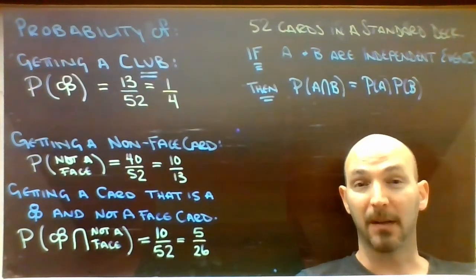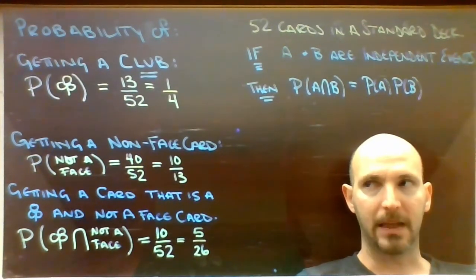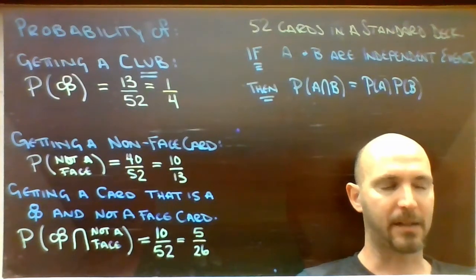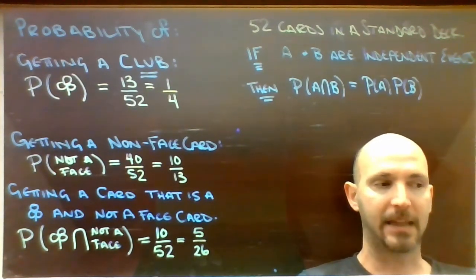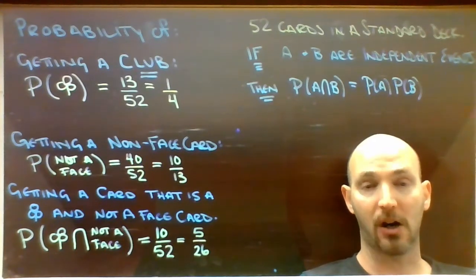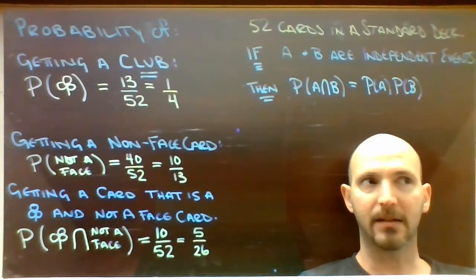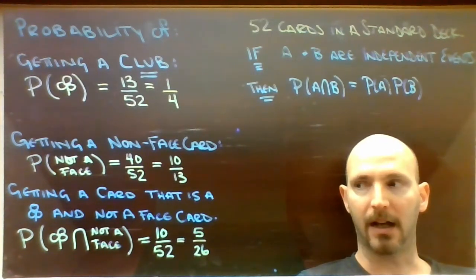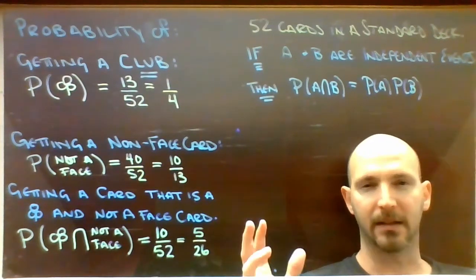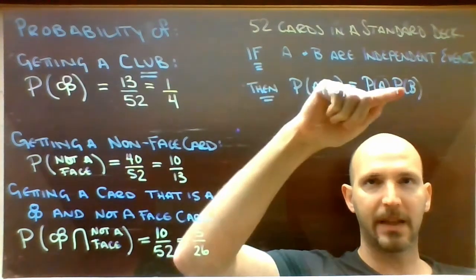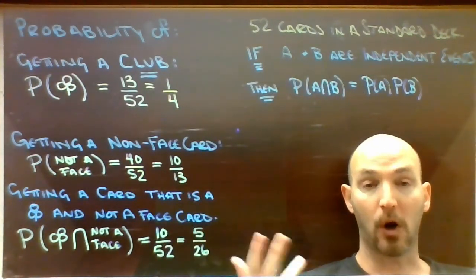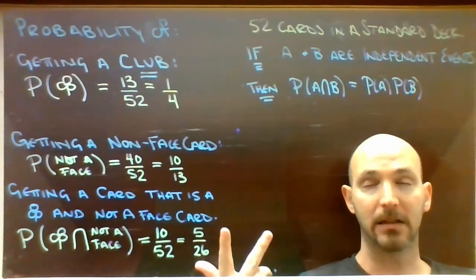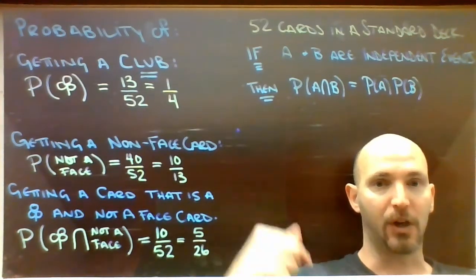An example of something that is not independent would be the probability of getting in a car crash and the probability of surviving a car crash. Because you can't have survived a car crash without having been in one. Those two things aren't independent. So when you're doing this particular calculation, you have to ask yourself, are these events unrelated? And if they are, you're good to go.